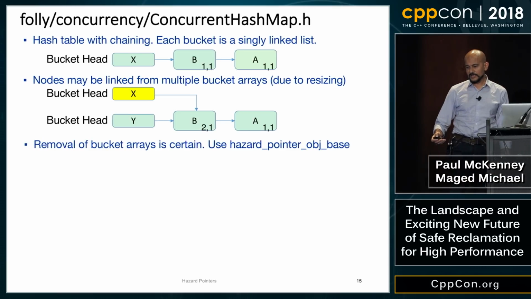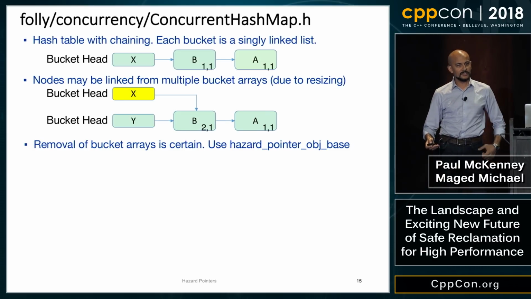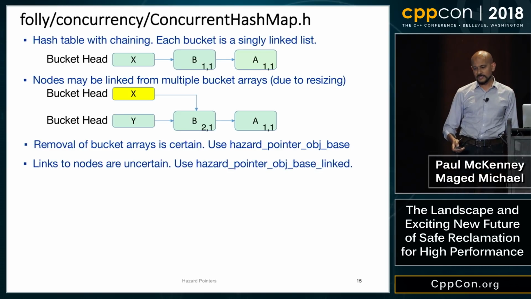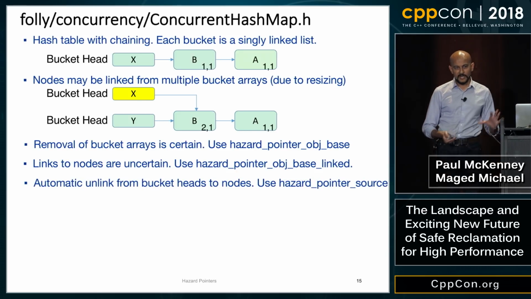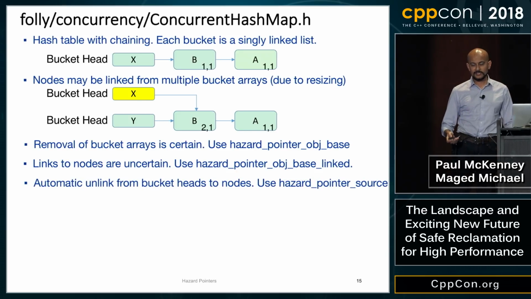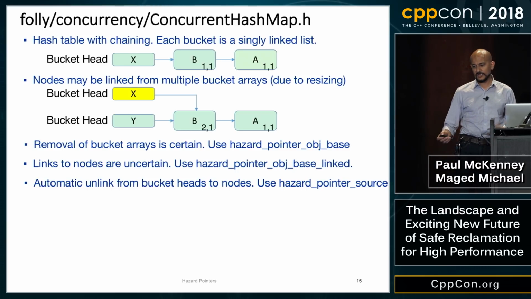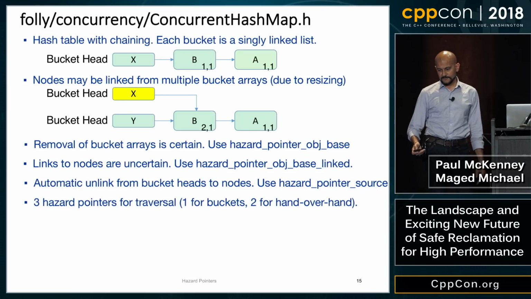The removal of bucket arrays is certain, so we don't use linked, we just use the obj base, the original one that is in TS2. But links to nodes are uncertain, so we use the obj base linked. And because bucket arrays and nodes are not the same type, the link from the bucket array to the head of the node is a hazard pointer source.